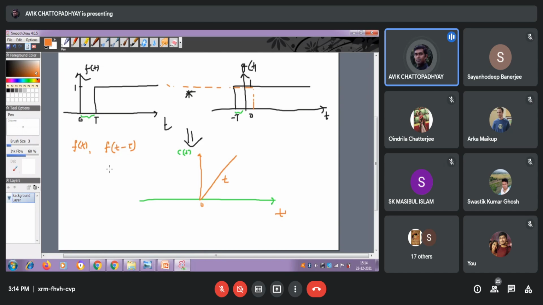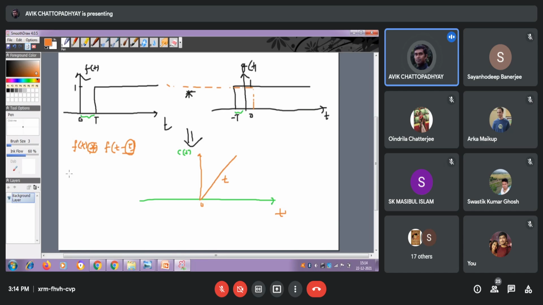Now what is going to happen if you convolve between these two? Before shifting, whatever shape of the convolved signal you were expecting, that shape or signal is going to shift by this amount.